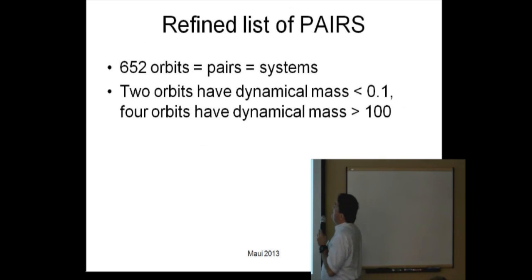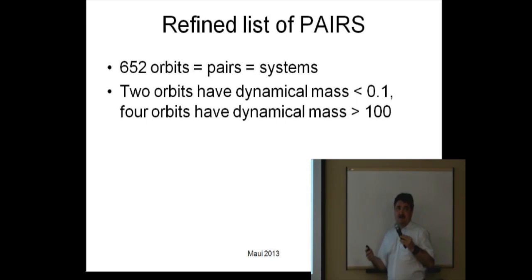As a result, our list of pairs contains some 600 orbits. It means 600 pairs, 600 systems, as we keep one orbit per pair and one pair per system.